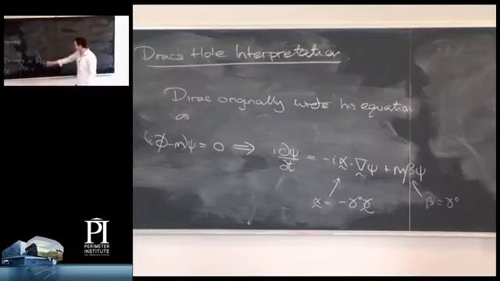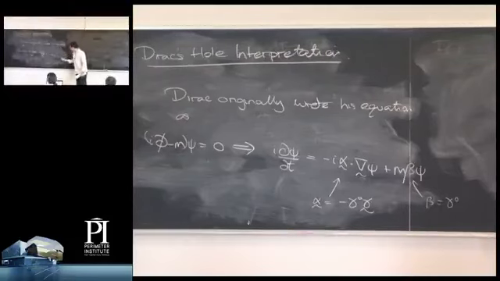Yeah? This Hamiltonian H hat is not the Hamiltonian we've been considering. Well, it's given by this. It's not the Hamiltonian that we've got, which is the Hamiltonian for the field. Okay, it's the Hamiltonian for this.